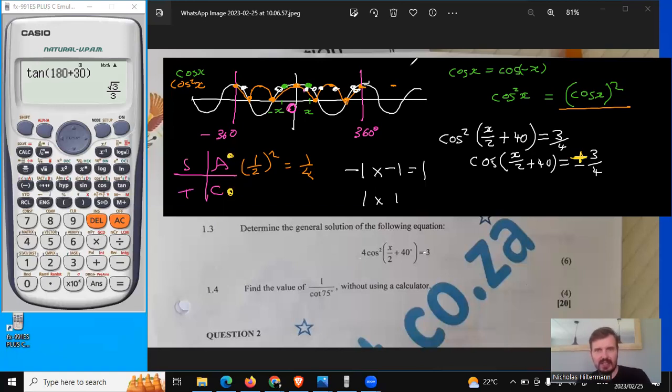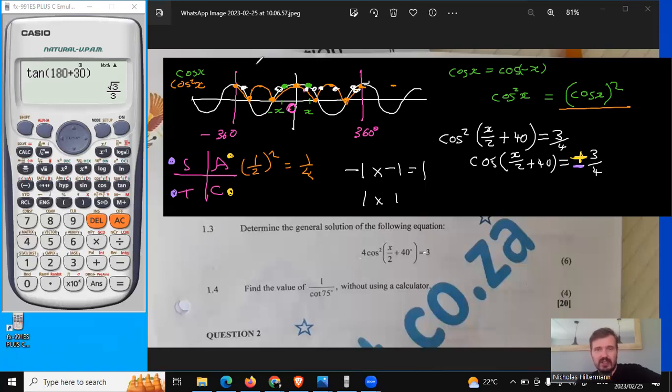But then the minus 3 over 4 in purple is where cos is negative. So we get 4 answers, and we're going to have to do every single quadrant here.